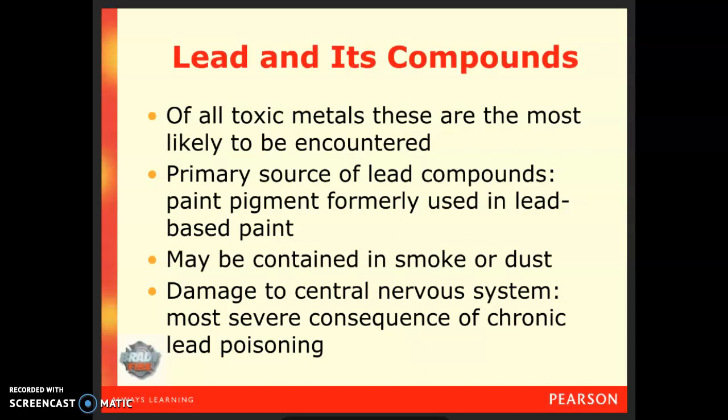Back up until about 1975, we saw lead additives put into gasoline, and so lead would get dispersed in the air when that was burned, in the form of smoke or dust. The problem with lead is it directly impacts your central nervous system, and so you see impacts of lead poisoning coming to the nervous system.